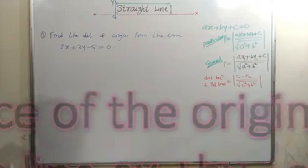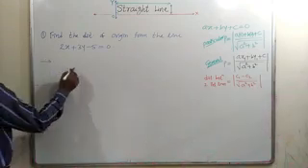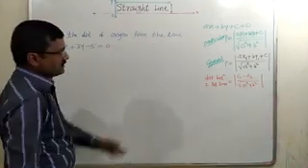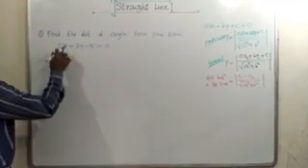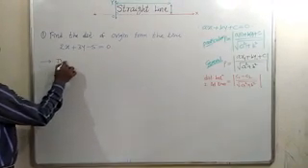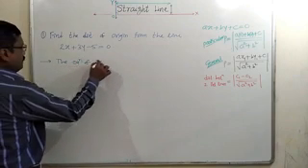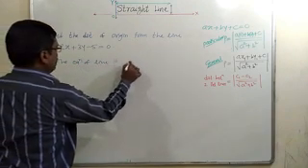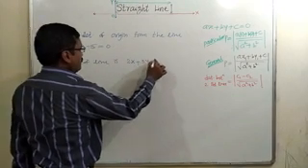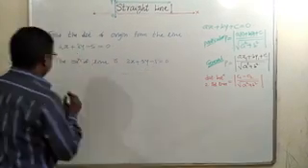You can take any line. What is the formula? The formula is c upon root a square plus b square. The equation of line is given. The equation of line is 2x plus 3y minus 5 equal to 0.